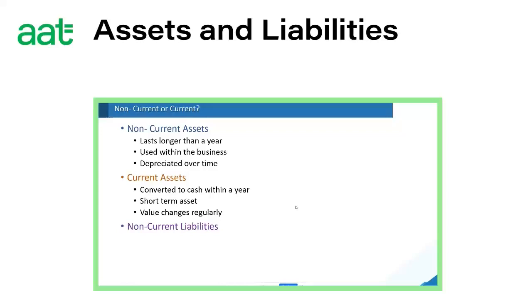Then we've got what we call non-current liabilities, okay? So these are things that are long-term. There's not really many of these. I suppose really a bank loan, but a long-term bank loan. So anything that is over a year. So if you've got things like a commercial mortgage, for instance, a mortgage on your premises, that will be long term.